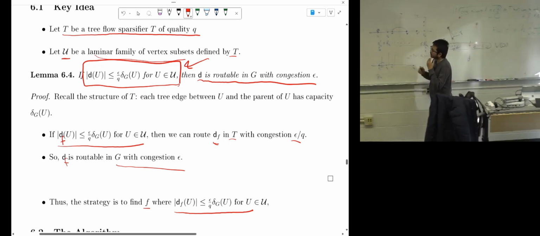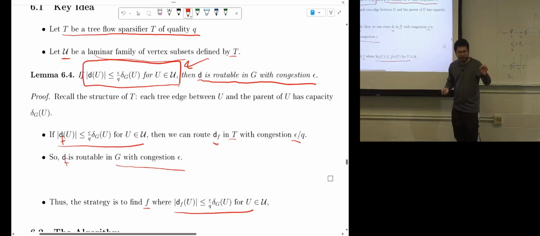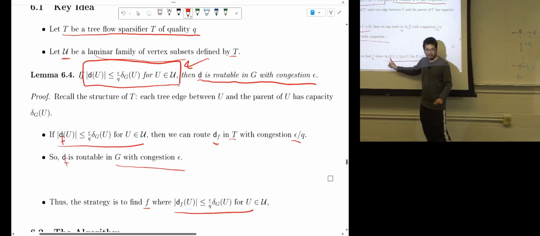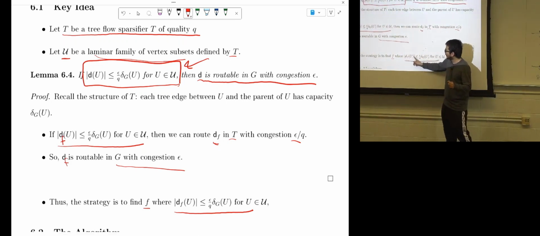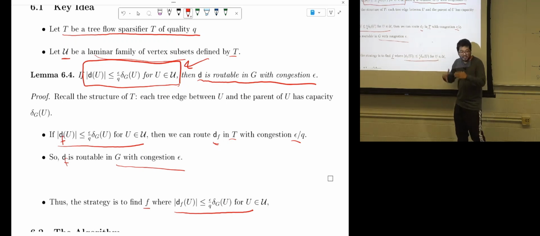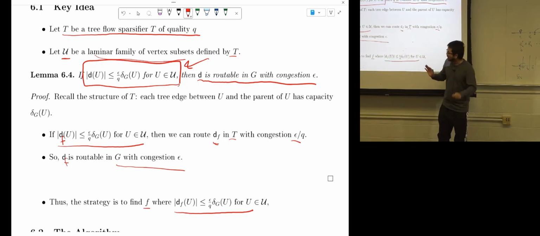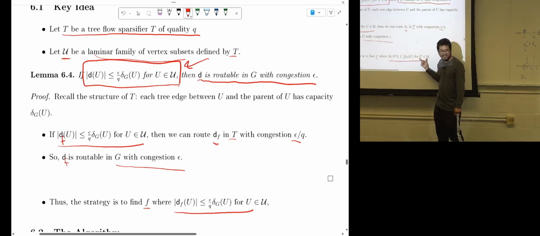Okay. So let's compare it with what we did before for expanders. What we did for expanders is that for every node, we want to find a flow such that the total demand on each node, the excess on every node, is small compared to the degree. So there are basically n things that we need to check, one for every node. Now we check this for every cut in this family.